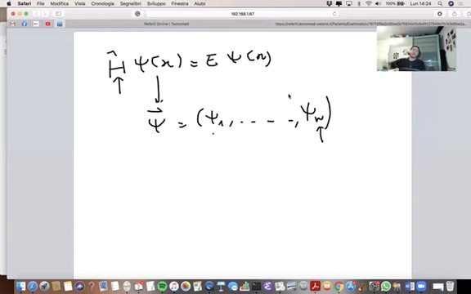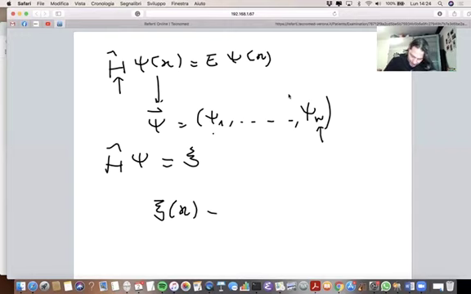But in general, the operator acting on a function that is not an eigenfunction of that operator will produce a different function, which means that in general, H psi will be a different function. And again, psi of x can be associated to a vector on the grid, which specifies the value of the function in each of the points.